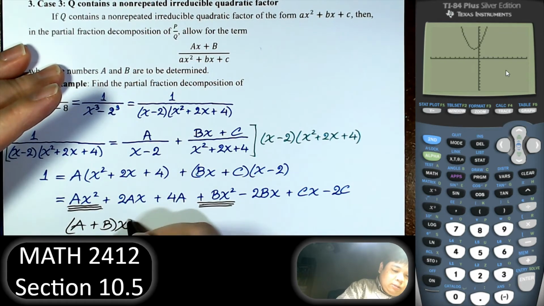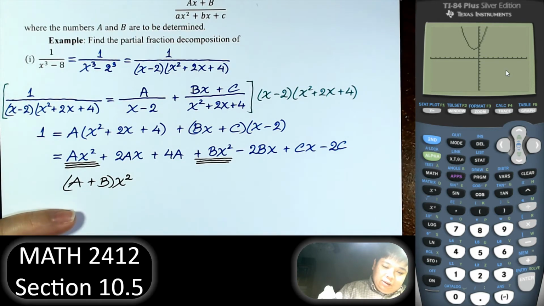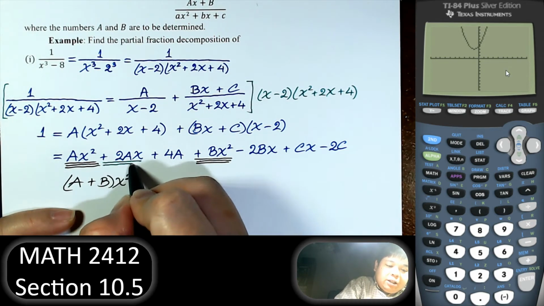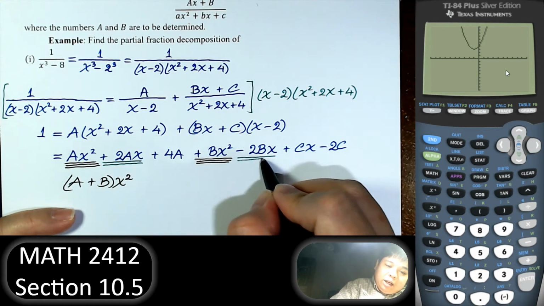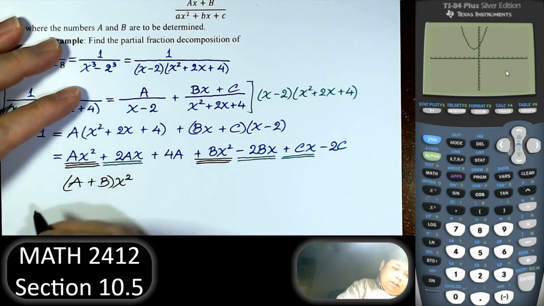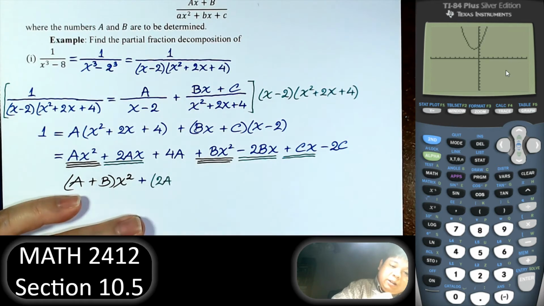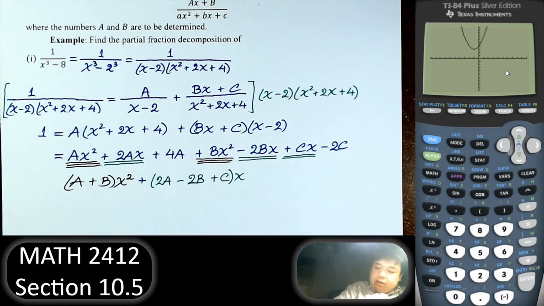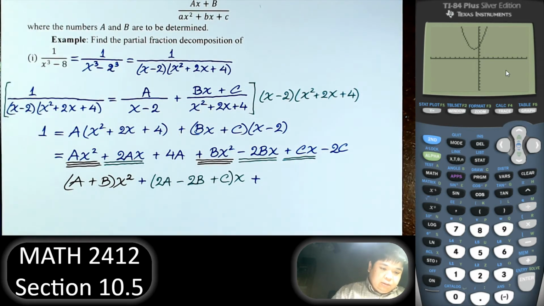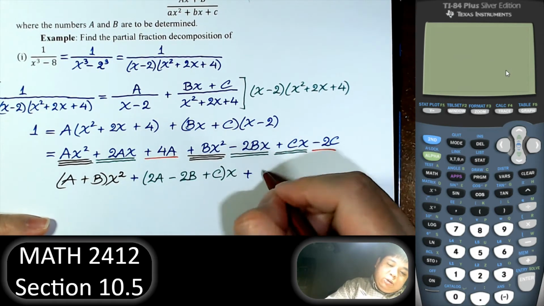The x terms: 2ax minus 2bx and then the cx. Those are the x terms. Factor out the x. We have 2a minus 2b plus c. And then we have 4a minus 2c.